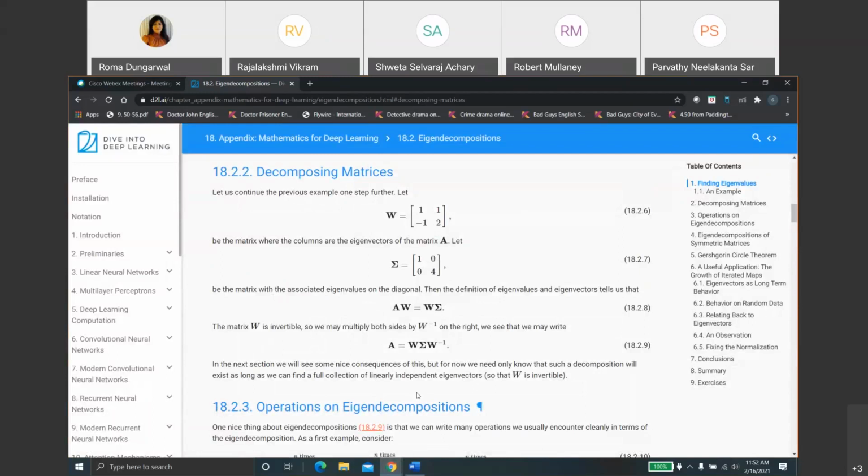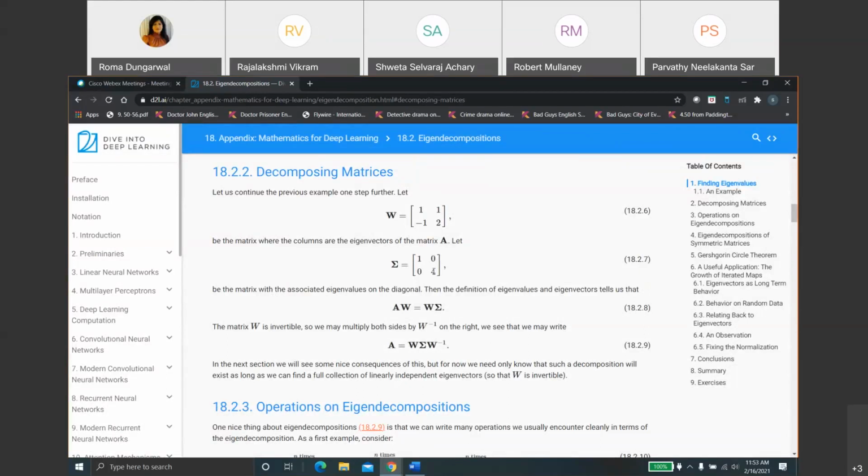Okay, so your W is your eigenvector matrix. The first column in W is one eigenvector, and the second column in W is your second eigenvector. Sigma represents the eigenvalues of A, that is the diagonal elements of sigma. So 1 is your lambda 1, 4 is your lambda 2.